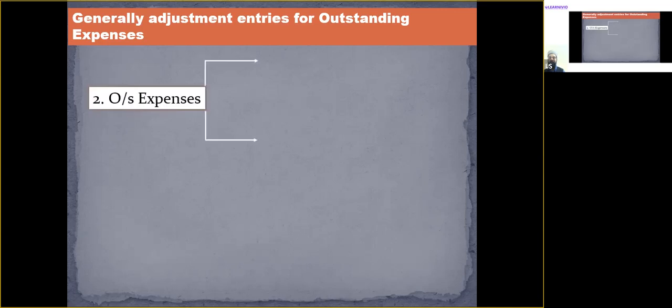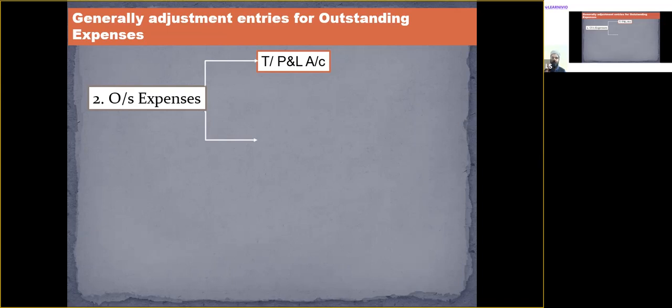If it is a factory related expense, then in that case we will be writing it in the trading account. But if it is an office related expense, then we will be writing it in the profit and loss account. So it can go in either account. It can be written in the trading account or the profit and loss account. So if it is, for example, outstanding wages, then we will have to write it in the trading account.